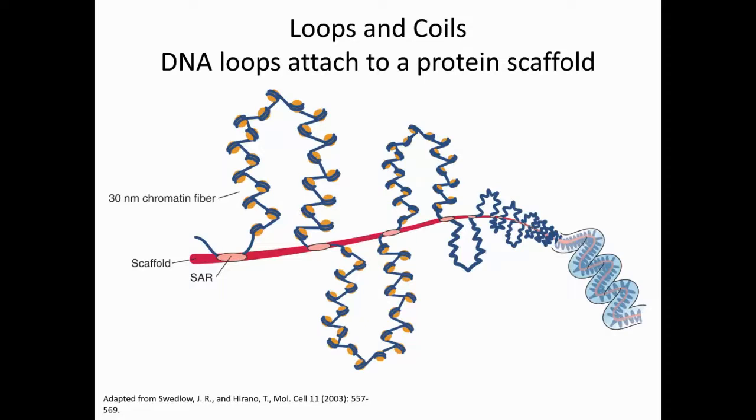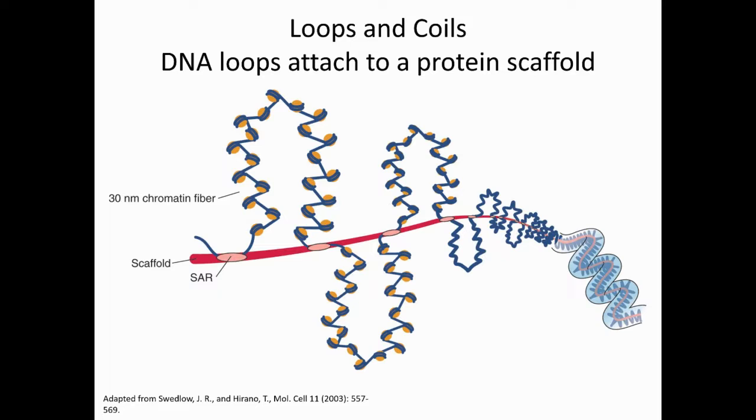Basically, even with the 30 nanometer fiber, we cannot yet determine how it forms. And going further to the 250 nanometer fiber, 700 nanometer fiber, and 1400 nanometer fiber, this process is even more complex.